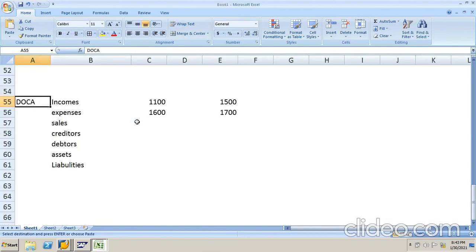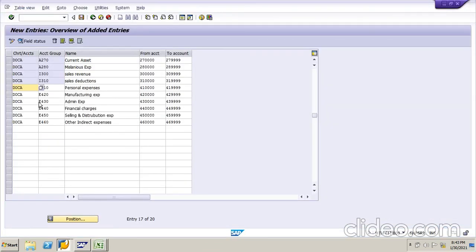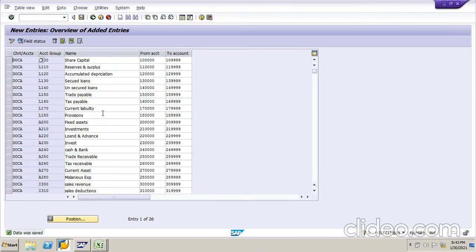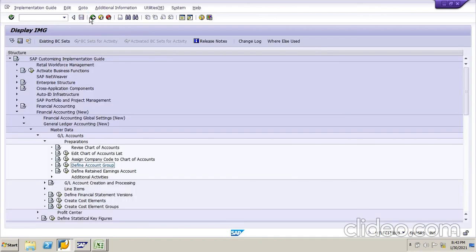I'm pasting this one also. Okay, so like this we have to give all expenses, finance charges, and I'm saving the data. So from now onwards, whatever data you enter, the data will be saved from these number ranges. Okay, this is the accounts group. After creating chart of accounts, we have to prepare the accounts group also.